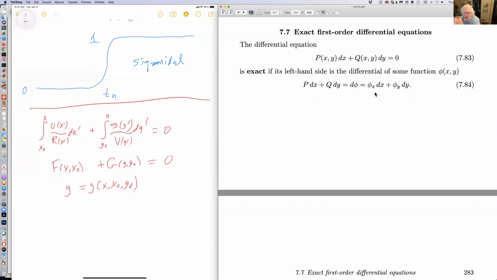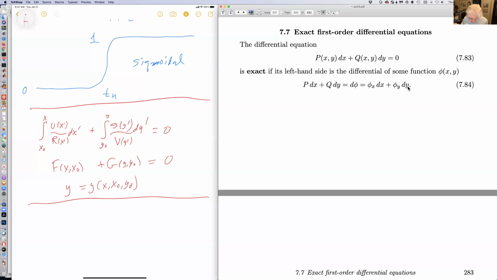So we say that a differential equation is exact if this left-hand side is really d phi. In other words, this is the differential of some function of x and y. So in other words, it's the x derivative of phi times dx plus the y derivative of phi times dy.